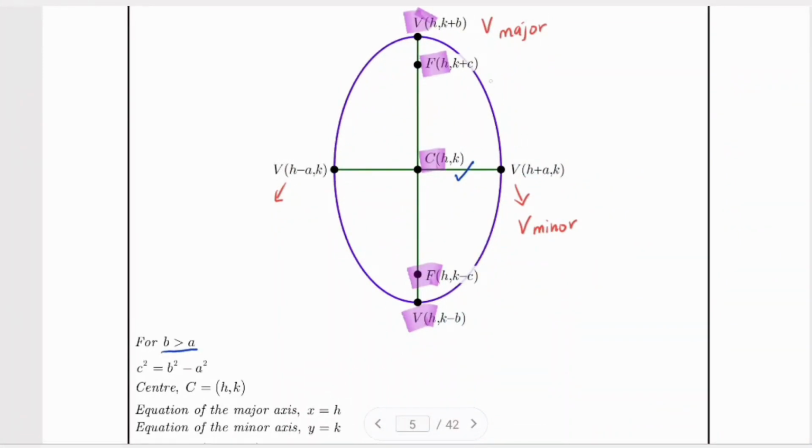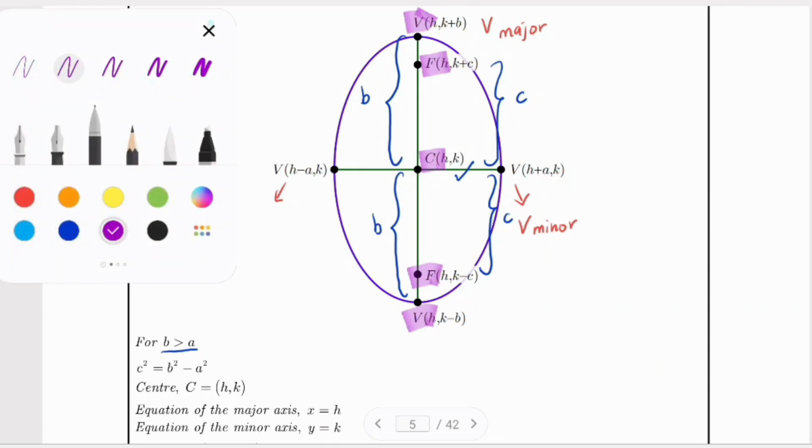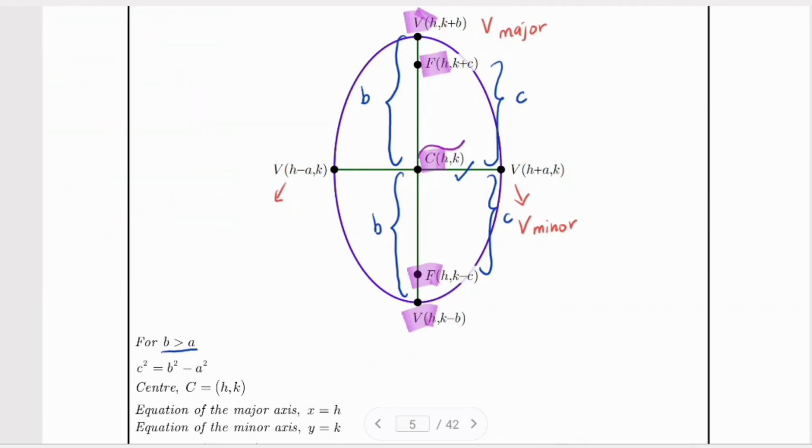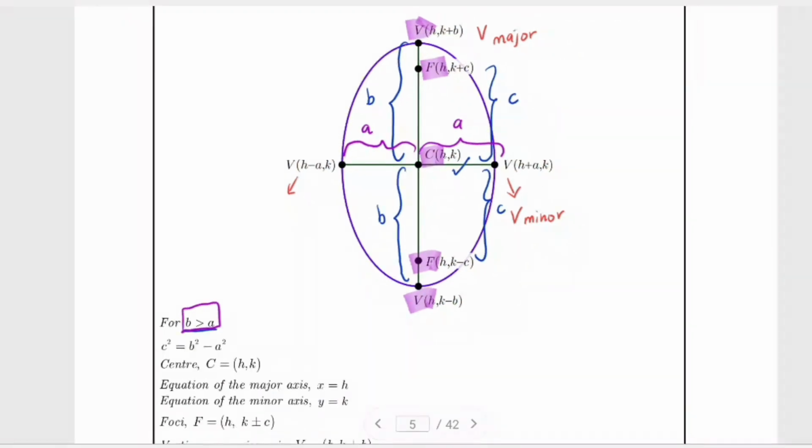The distance between the center and foci is C, and the distance between the vertex and center is B. So the distance between the center and minor vertex is A. So if B is greater than A, the formula will be C squared equals B squared minus A squared.